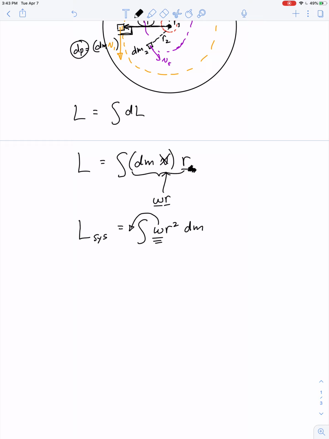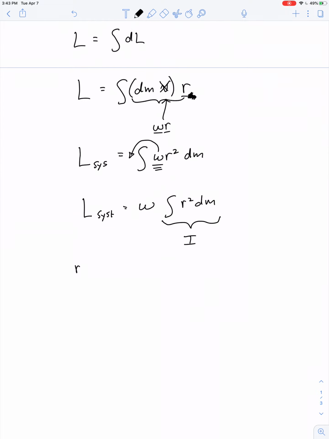It comes in front of the integral sign, and we're left with angular momentum of the system is equal to omega times the integral of r squared dm. Now I hope you recognize this. You see it? Sure. The integral of r squared dm is our definition of rotational inertia. So what we find is for a rigid body, angular momentum is equal to I omega.